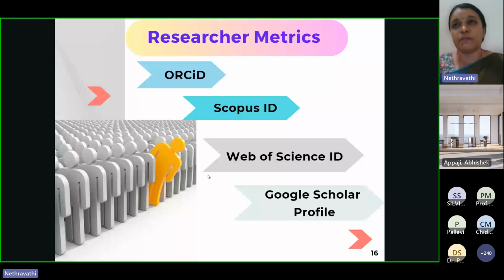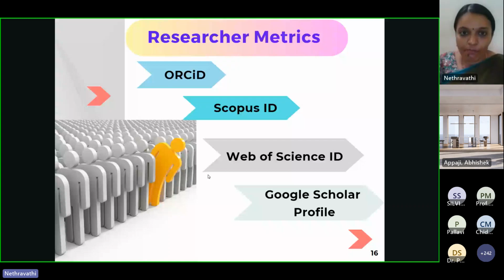When we search for other researchers, we get to know people working in a similar field, and it will lead to further collaborations. Like they say, birds of the same feather, right? We can find out who works in a similar field.